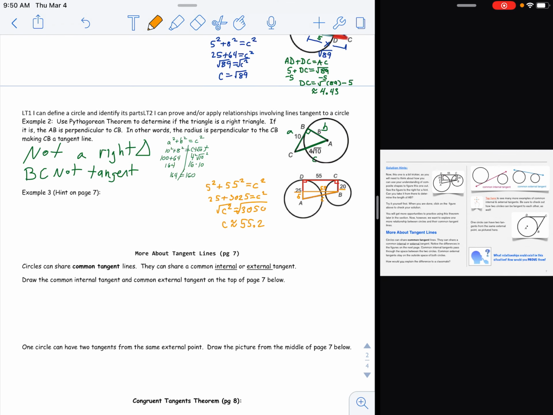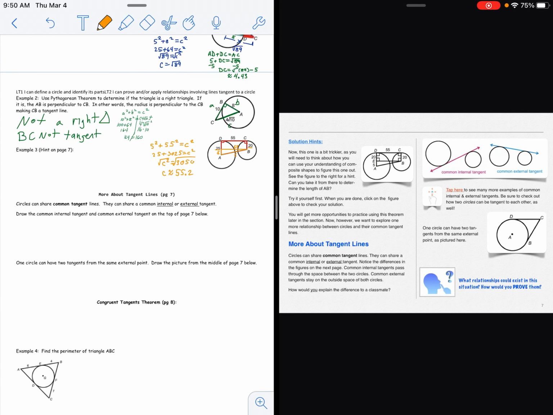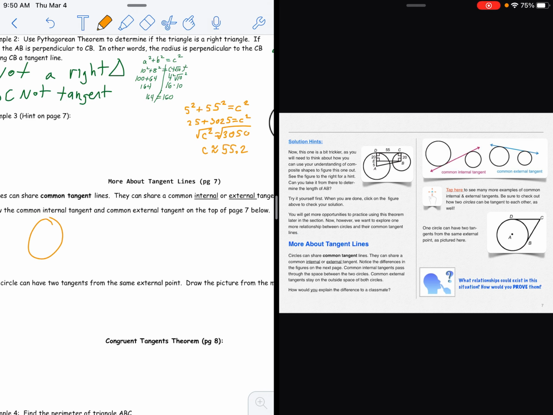Now over here, we're looking at our iBook again, so let's make the iBook a little bit bigger. Circles can share a common tangent line. They can be internal or external. We're just going to do some super fast stuff.